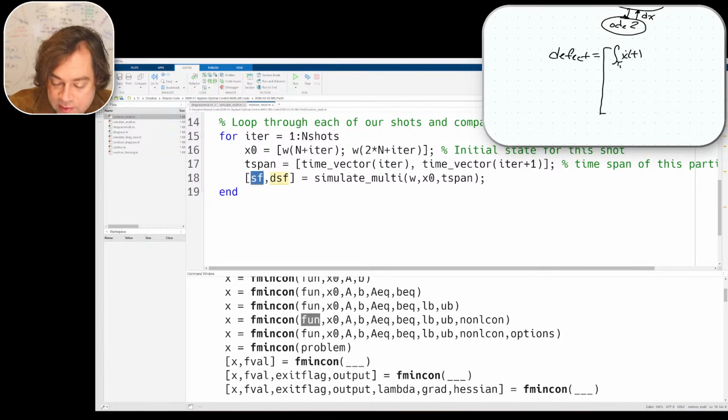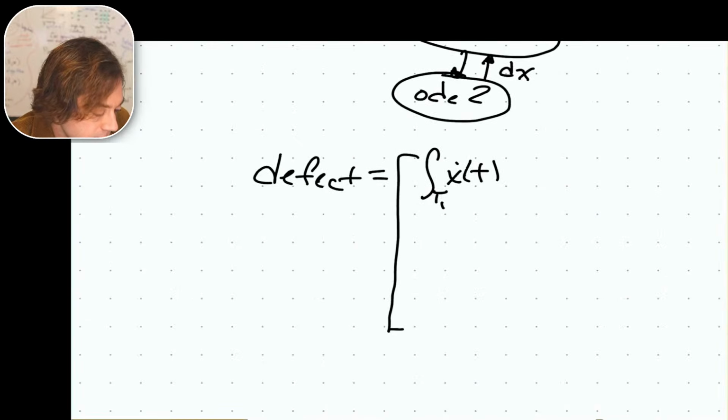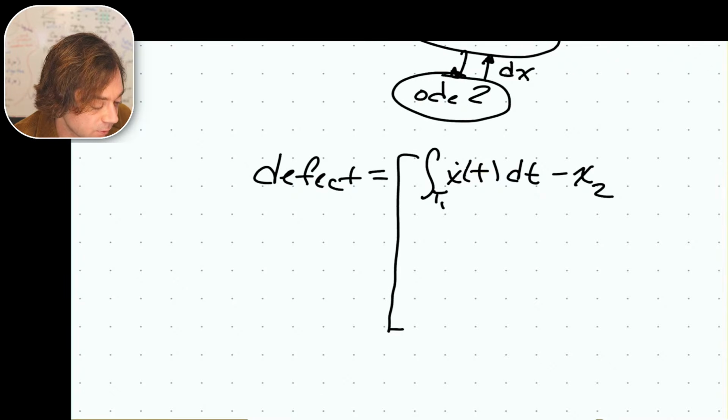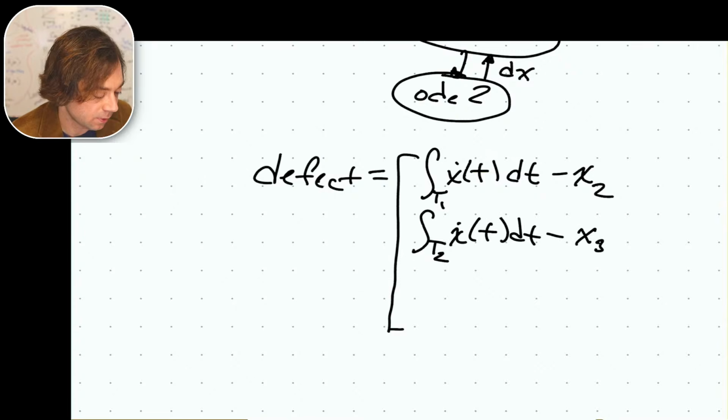Let's make this bigger so you can see it a little easier, okay? This is just some hand-wavy math right here. Basically, that's that little integral. That's your simulation, right? Okay, minus x2, right? So that's the state at time 2, right? Then you would have the integral across shot t2 of your dynamics dt. And you say minus x3.